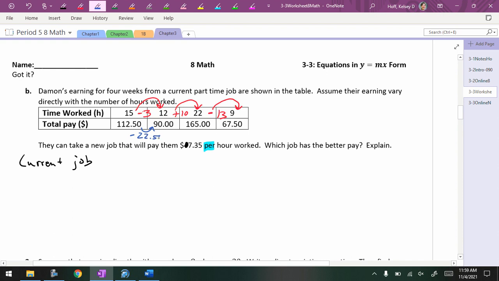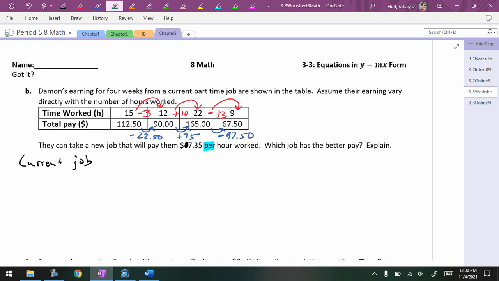Negative 22.50. 90 to 165. Plus 75. 165 to 67.50. Negative 97.50.